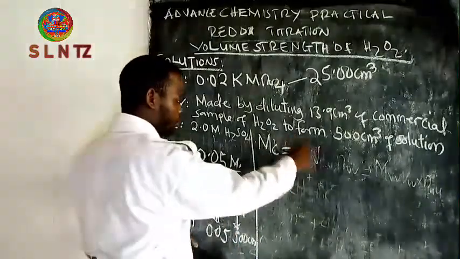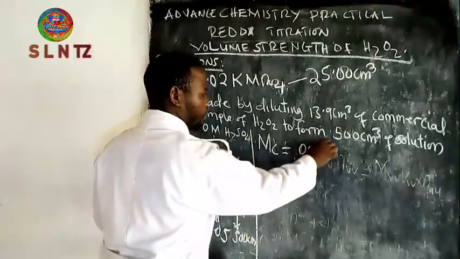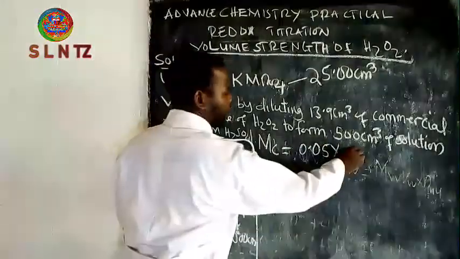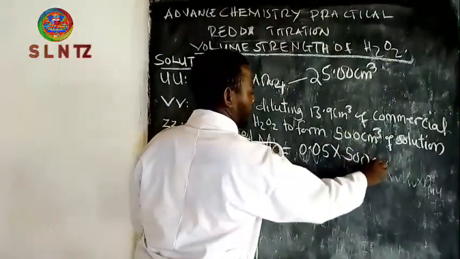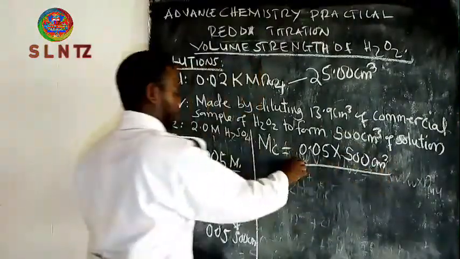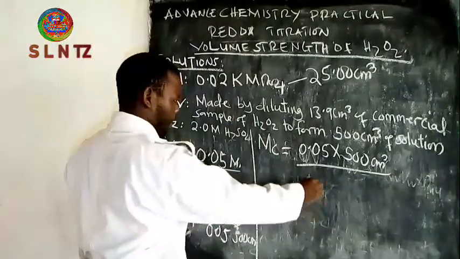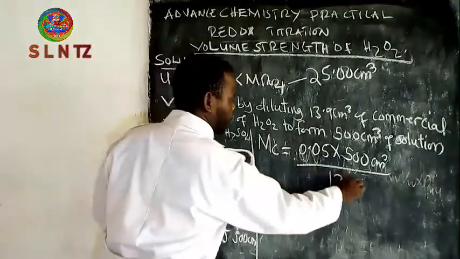So MC is equal to 0.05 times the volume of diluted, 500, over the volume of concentrated, which is 13.9.